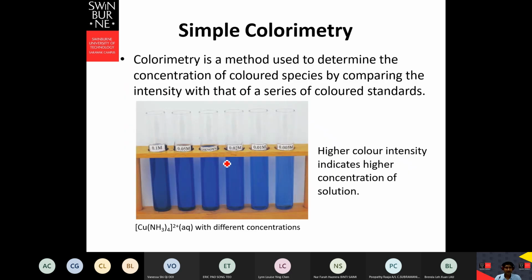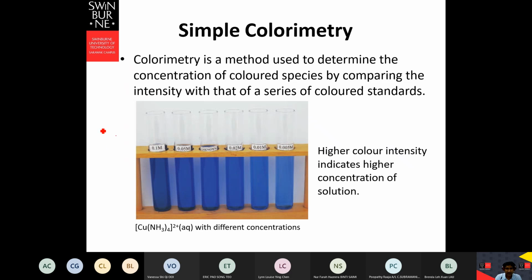In simple colorimetry, we can take copper(II) ions, copper ammonium ions, at different concentrations in a transparent glass vial, so that light passes through. We will see that the higher the concentration, the darker the blue color, because it is absorbing more of that light.